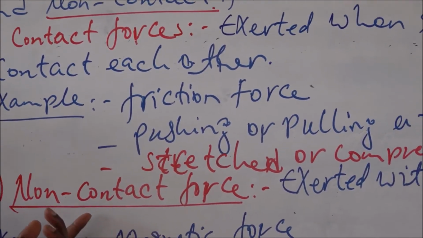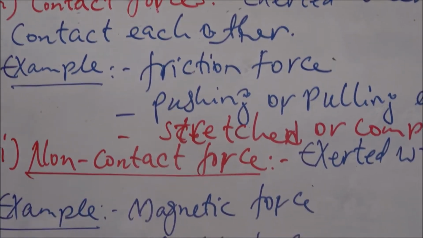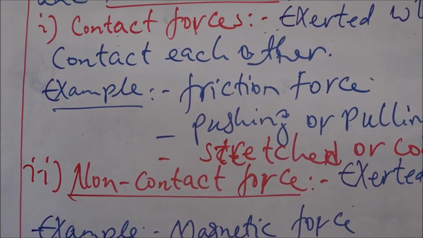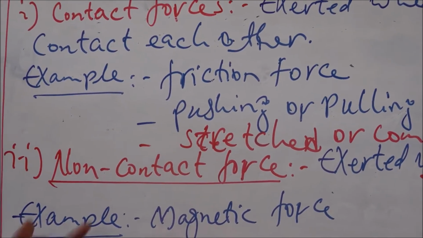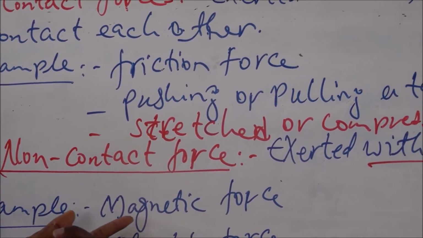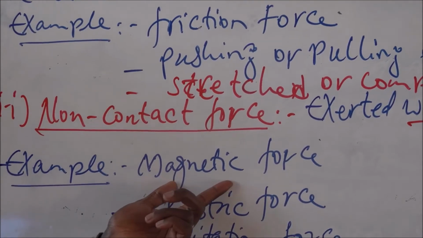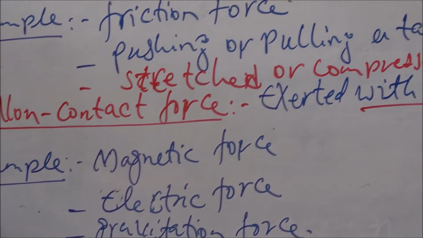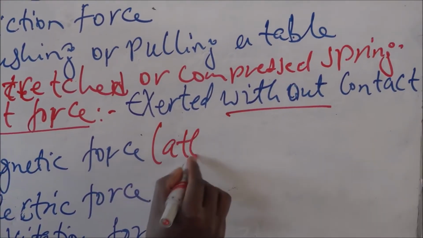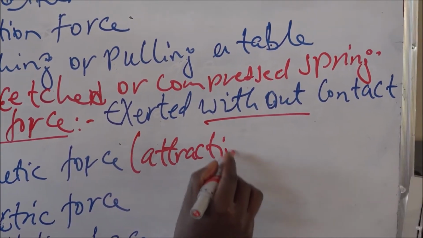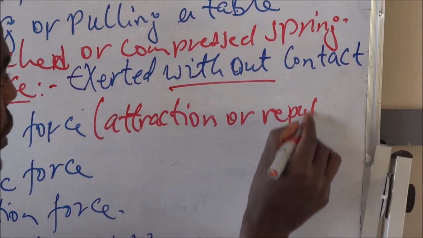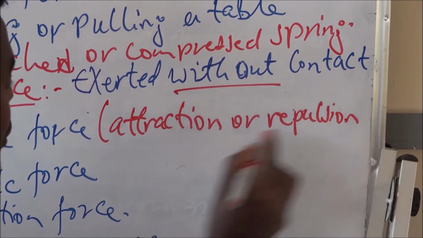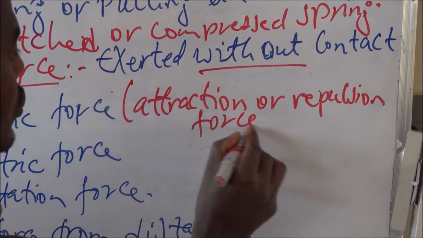The other point is non-contact force. Non-contact forces are exerted without contact. For example, take the attraction or repulsion force of a magnet.